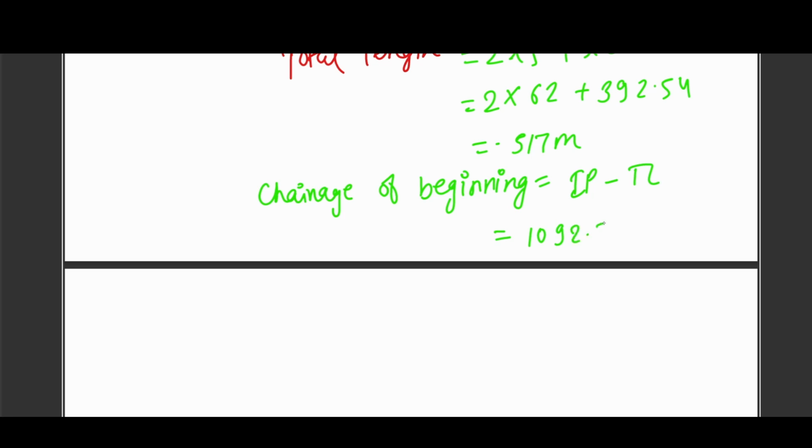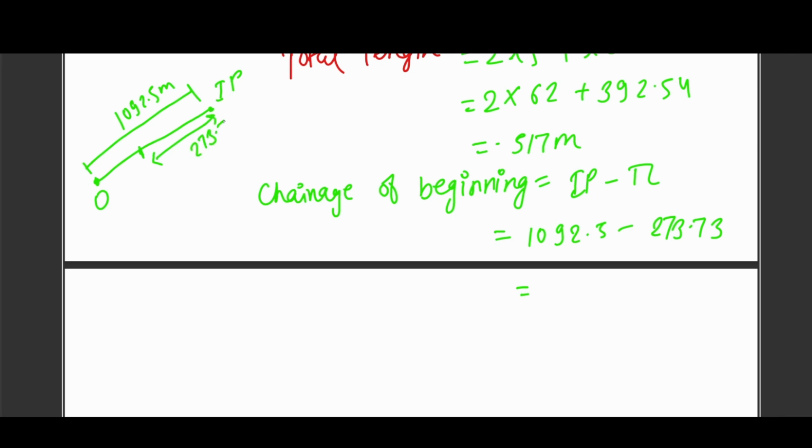You know about the chainage. I'm not explaining what you mean by chainage. Chainage is simple. It is measured from the reference to this point. If this is 0 reference and this is IP, then this whole distance equals 192.5 meter. The curve beginning is somewhere here, and this distance is given as 273.7.